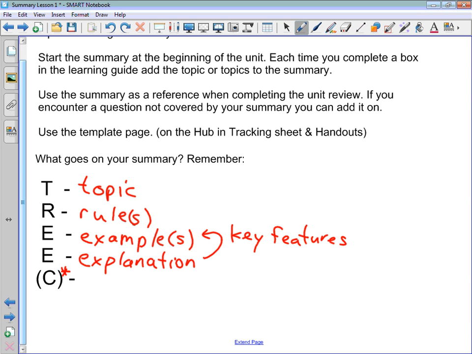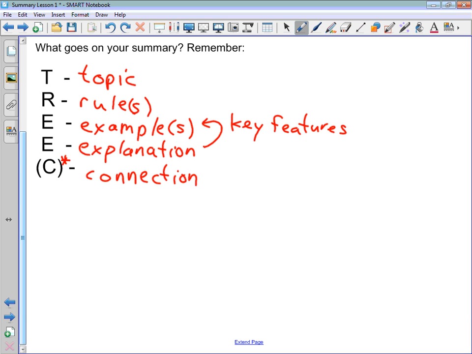And finally, the C star is for connection. So you want to try, as you're doing this summary, to make connections between the various topics in the learning guide. So think to yourself, how does this topic relate to the other ones?